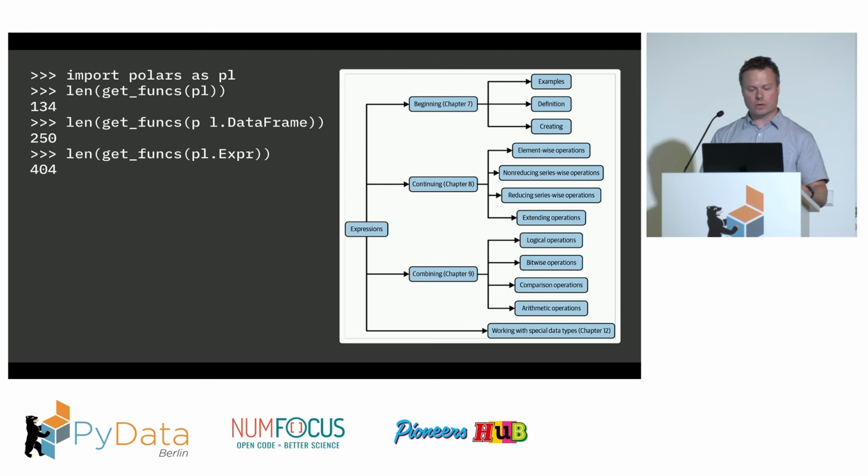And when, just yesterday, I counted the functions and methods within the Polars library, depending on whether my method was correct, you can see that about 50% of those methods are related to expressions.